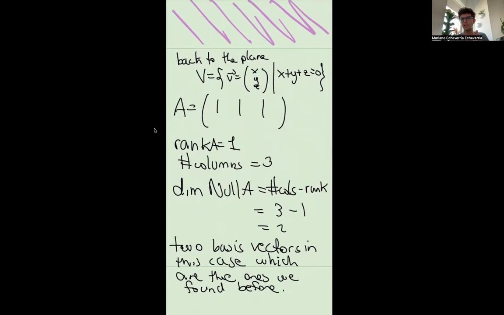So it's not that you always end up with just one variable. That's what I'm trying to say. The number of variables you end up with is determined by the number of columns and the rank. Is that okay?